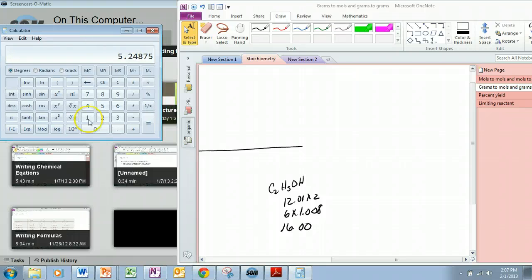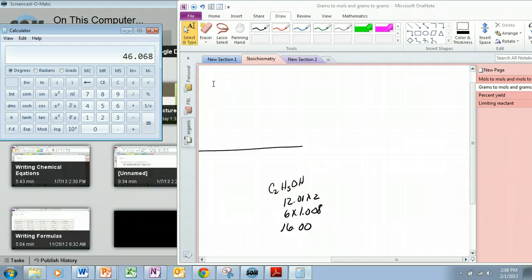And so 12.01 times 2 plus 6 times 1.008 plus 16 equals.